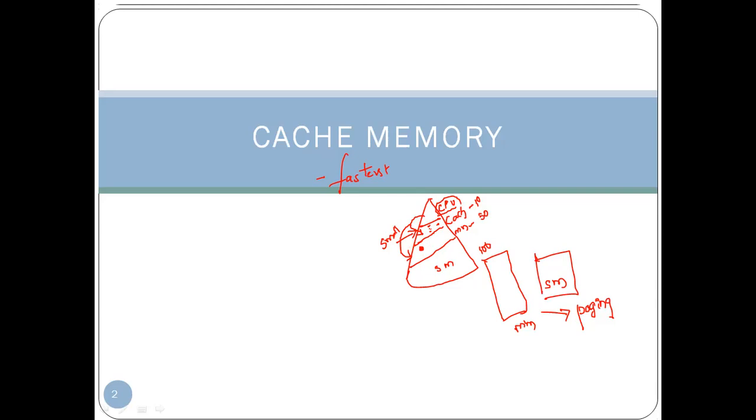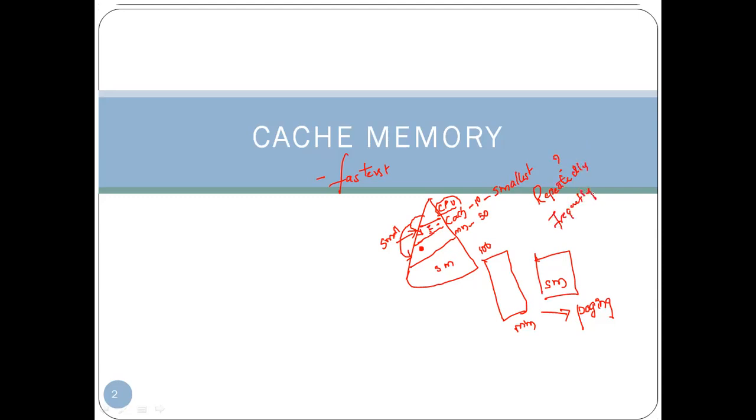Here, as I have said, the cache is the smallest memory. So which instructions do we keep in the cache? In the cache, we keep repeatedly or frequently used instructions.